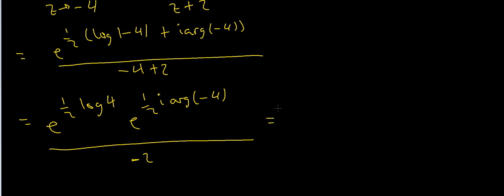Well, just as before, e to the 1/2 log 4 is just 4 to the power 1/2. The argument of minus 4 is pi, because minus 4 is located on the negative real axis, and that makes an angle of pi with the positive real axis. So that's e to the i pi over 2, all divided by minus 2.